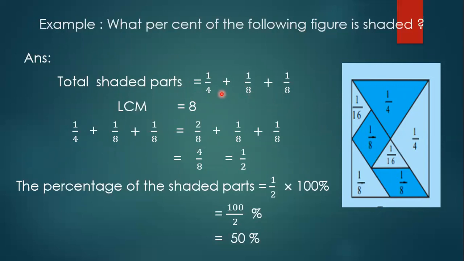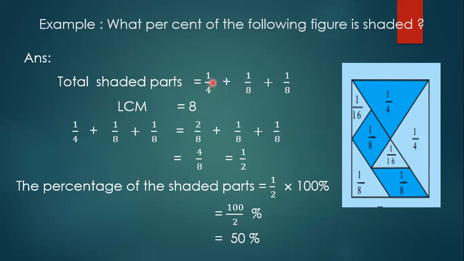So for adding unlike denominators, what we have to do? This you have learned in 6th standard. For the addition of fractions having different denominators or unlike denominators, we will find the LCM of the denominators. And LCM of 4 and 8 is 8. Now, we will convert the denominators of all the fractions to 8, which is the LCM. So here 1 upon 4 we will multiply by 2 by 2, right?